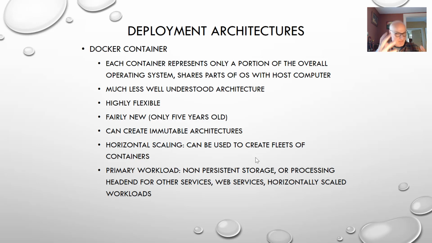They're meant to be used and then turned off, and other versions swapped into place for them. Well, how do you deal with storage in that world? Persistent storage is hard to provide in a Docker container. Now, you could use another network storage machine, so it's doable, but it just gets tricky.